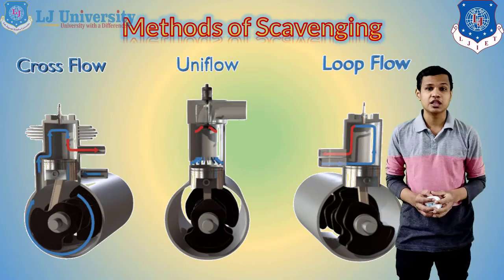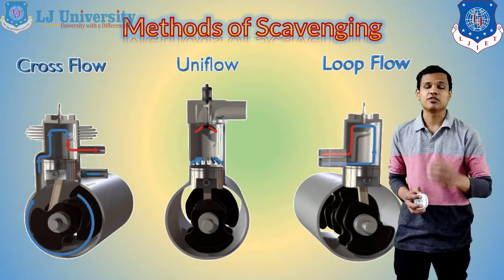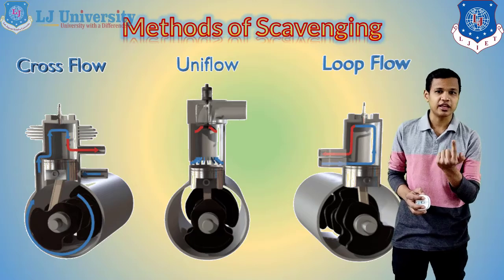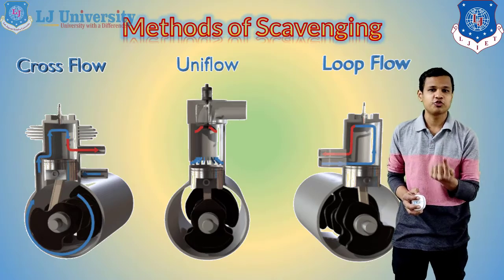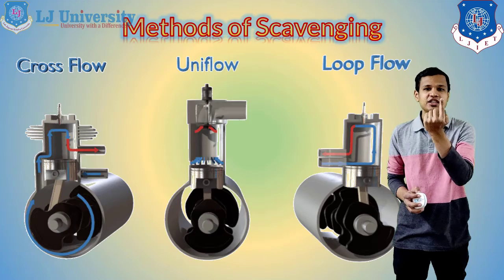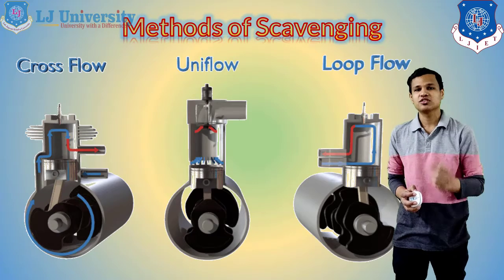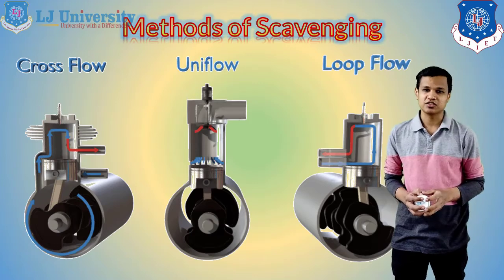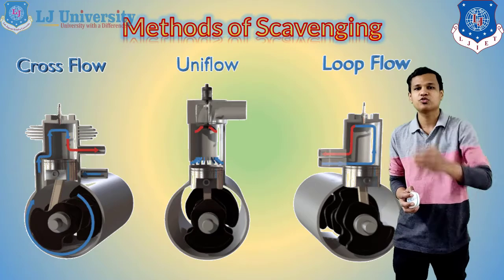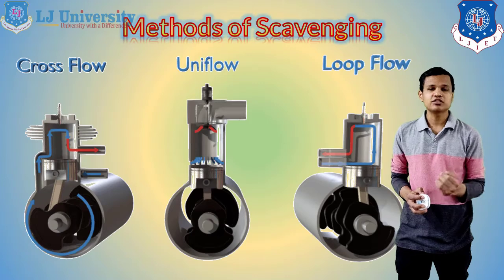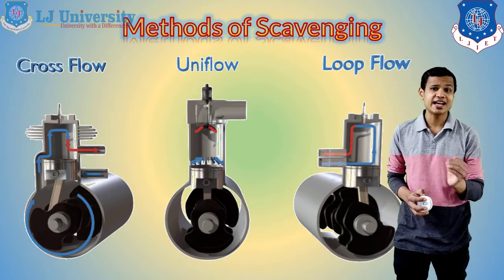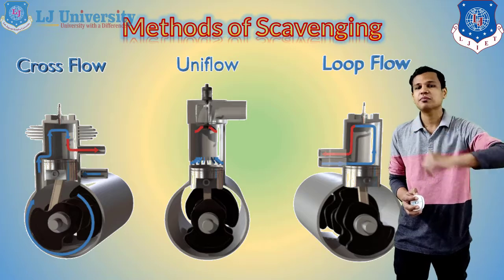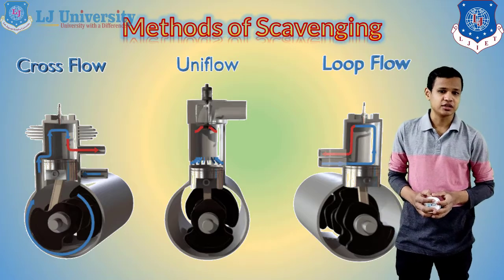Such a port is given in the 4-stroke engine in the case of the exhaust valve. So from the transfer port, the fuel will go in the vertical direction, and in the same direction the exhaust gases will be forced out of the engine. So in the case of uniflow scavenging, there are chances of the air mixing with the exhaust gases, because both of them are going in the same direction.